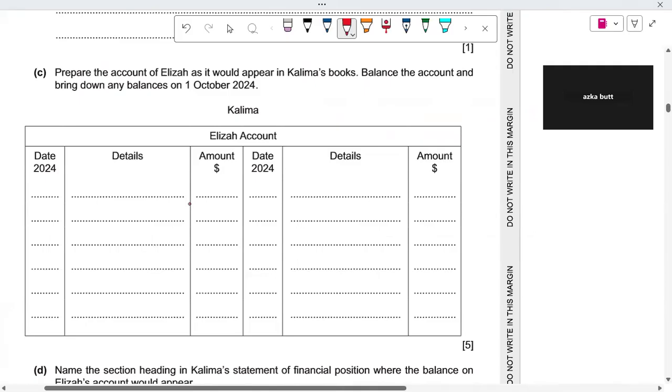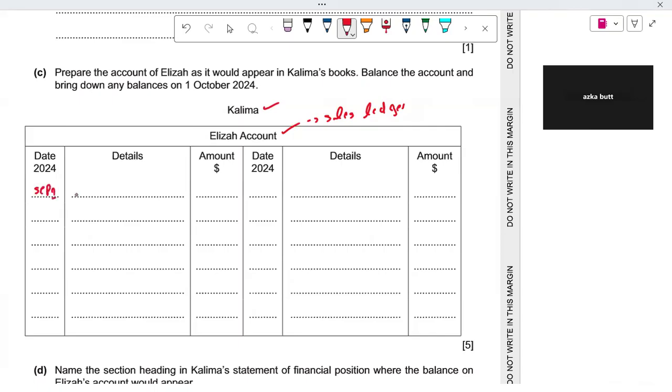So that's why we will write it here. Elizah is the customer of Kalima, and this is basically our sales ledger, because for customers we prepare the sales ledger. Elizah owed $520 to Kalima, so this is the debit balance, and this is the balance for September 1st. That's why we'll record it here.